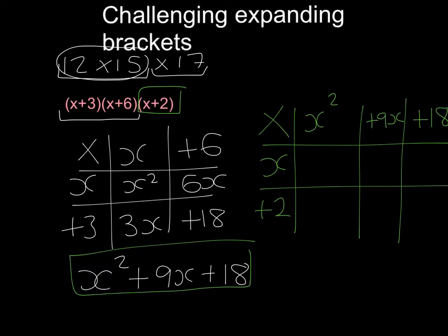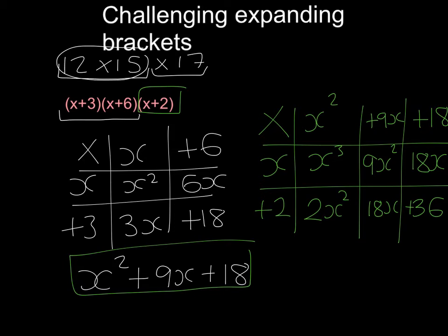So x times x squared is going to be x cubed. 9x times x is going to be 9x squared. 18 lots of x would give you 18x. 2 lots of x squared is 2x squared. Then 2 lots of 9x is going to give you 18x. And then 2 lots of 18 is going to give you 36. Okay, so you're nearly there.